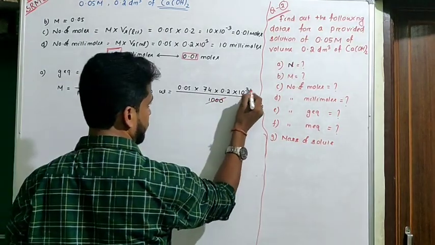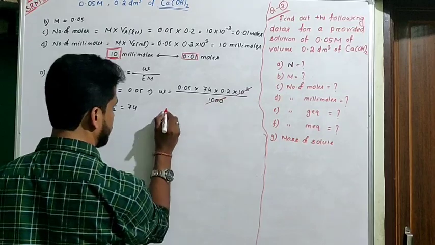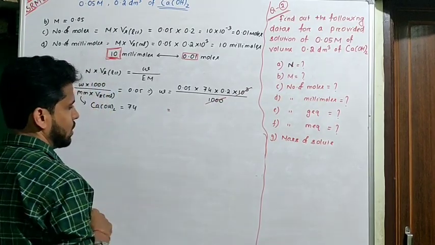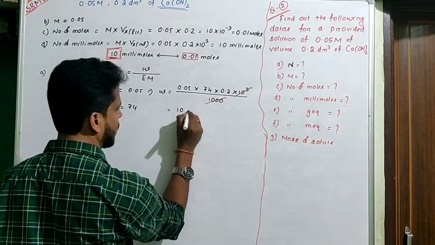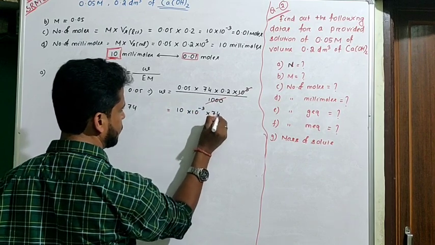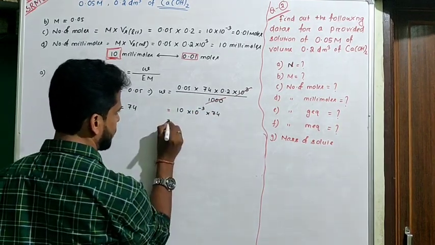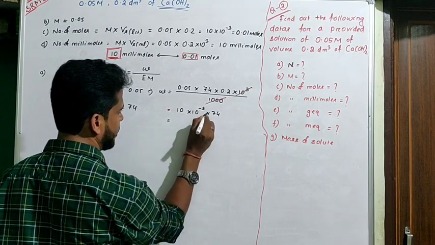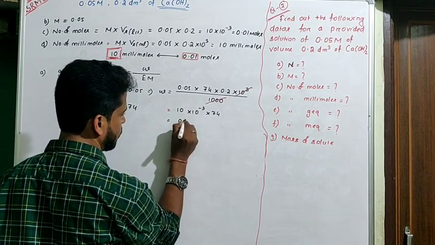So it is cancelled. How much is it? That is 10 into 10 to the power minus 3 into 74, that is 74 into 10 to the minus 2, 0.74.